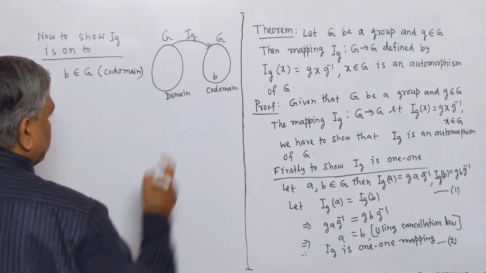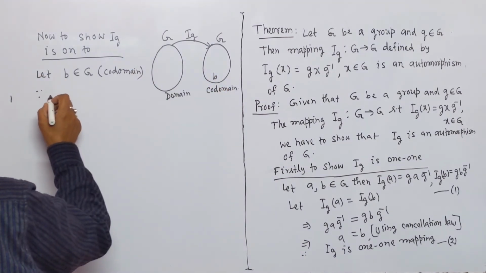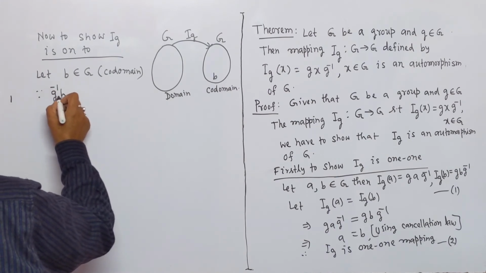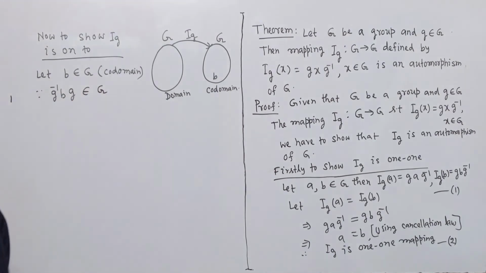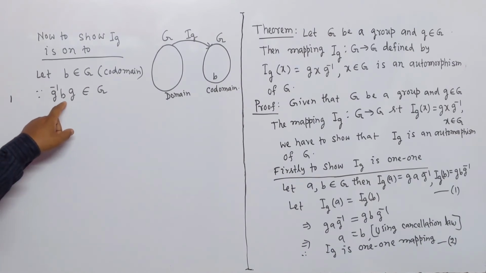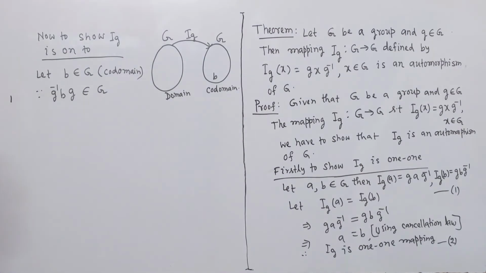Since g is an element of group G, therefore g inverse is an element of group G, and by closure property, g inverse B g belongs to group G.